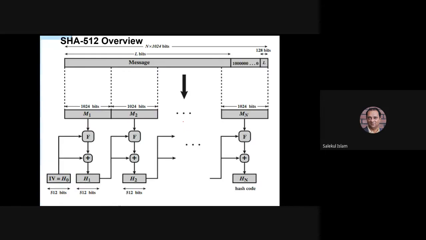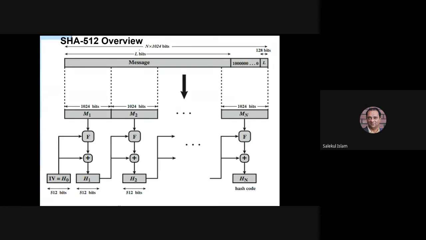If we look at the steps, this is the big picture. This is the SHA-512 overview. Consider that this is our message, and the length of the message is L bits. L means how many bits we have in the message. Say for example, the length of the message is 1000 bits, then L will be equal to 1000.